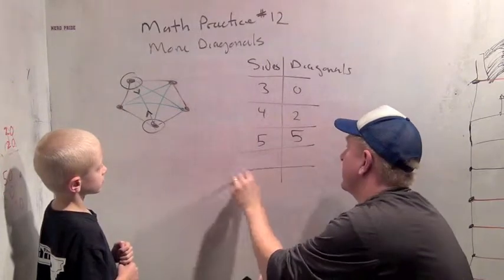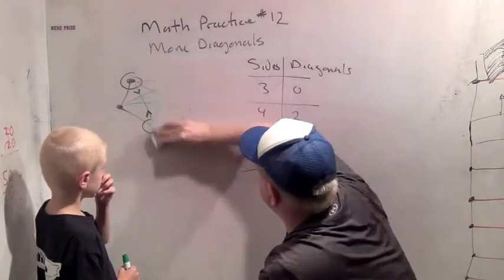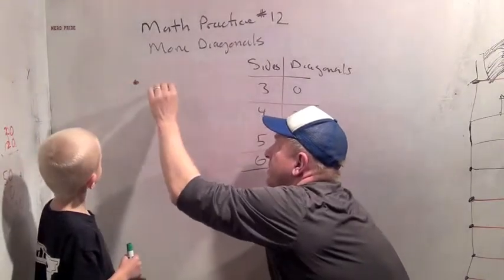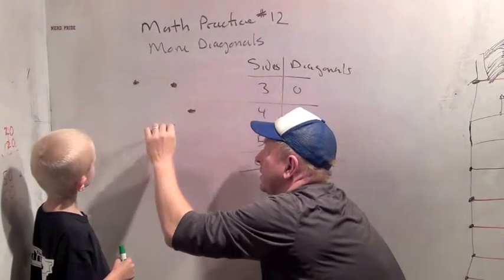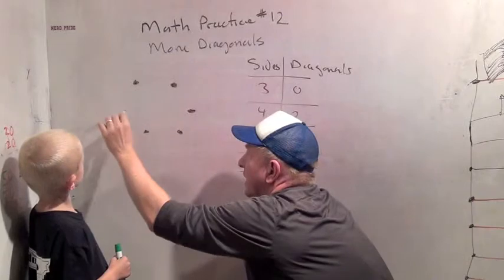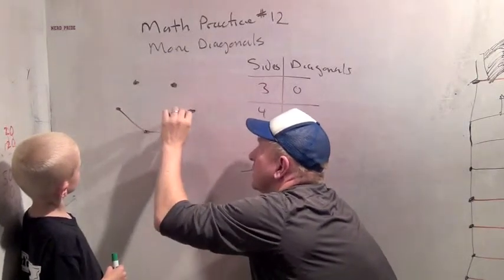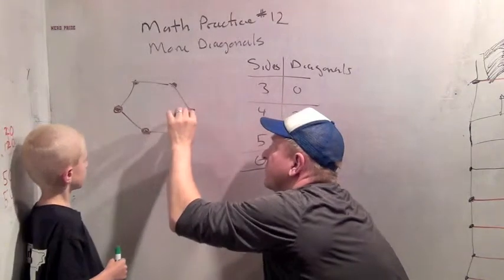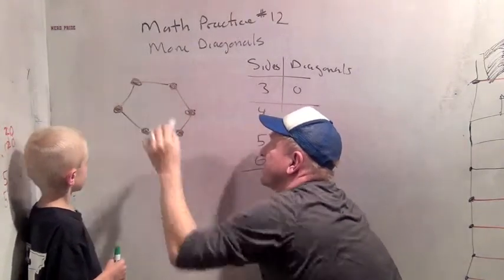Okay, let's see if we can figure out what it is for 6. 6 sides. 1, 2, 3, 4, 5, 6.